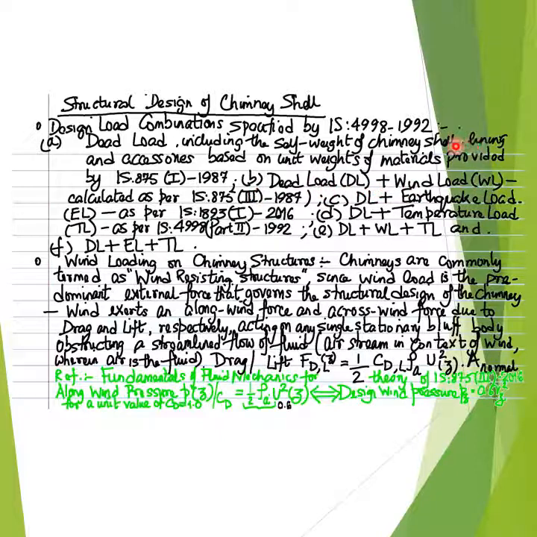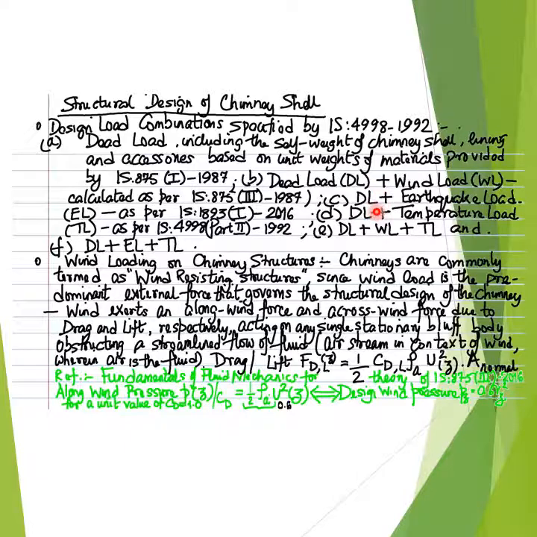B. The dead load combined with the wind load, that is abbreviated as DL plus WL, wherein the wind load is calculated as per the provisions of IS 875 Part 3, the latest revision, that is the 2015 revision, which is the Indian Standard Code of Design Practice for calculation of wind loading on structures. C.